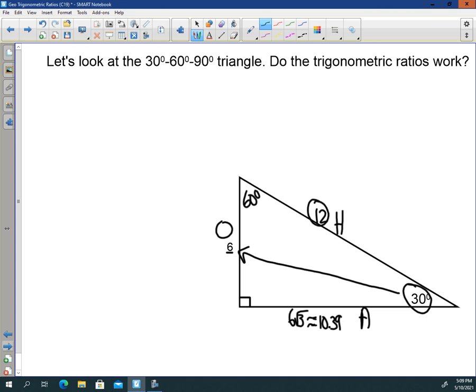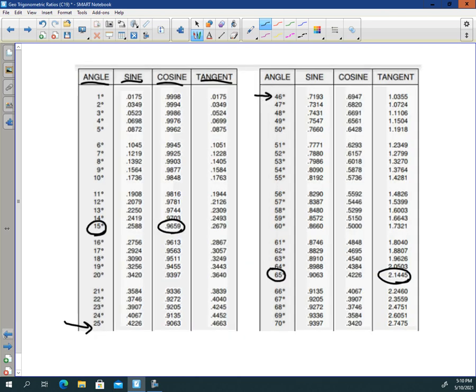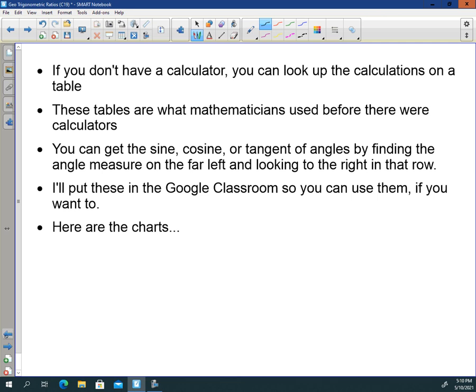All right, now I want this hypotenuse. I'm pretending I don't know that it's 12 units long. I want this, and I have information about the opposite side. And since I have the opposite side and I want the hypotenuse, I need to pick the correct trig ratio to use.